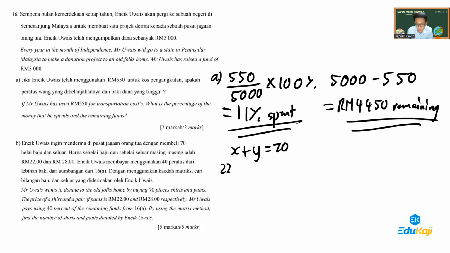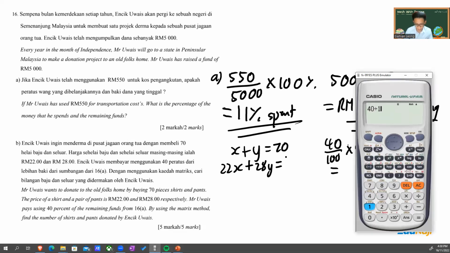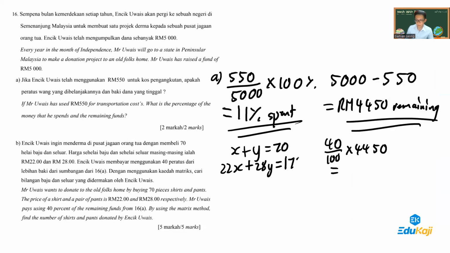Then 22 ringgit times number of shirts plus 28 ringgit times number of pants will be 40% of the remaining funds from A. Means 40% times 4,450, $1,780. Yeah. So put this in matrix form. 1, 1, 22, 28 times x, y equals 70, 1780.